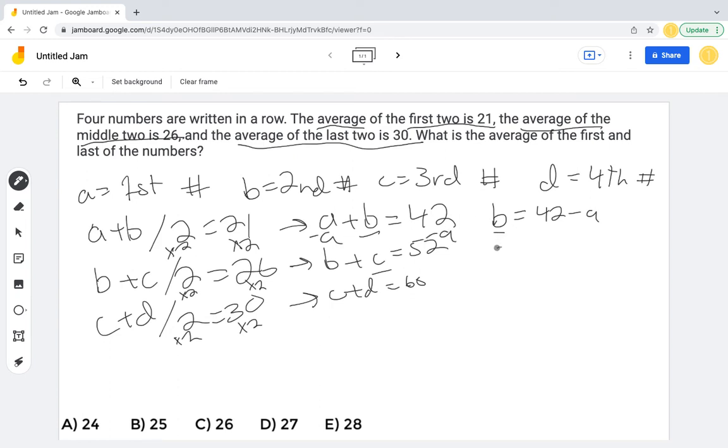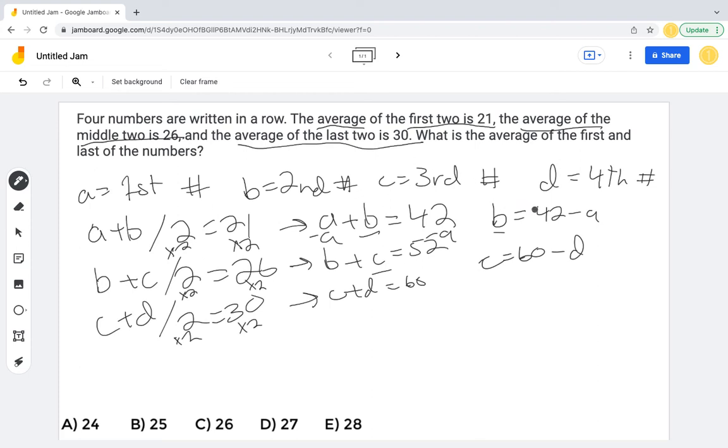And we can also write C is equal to 60 minus D. That will get you the equation for C. So now we can just substitute that into the equations to get our answer.